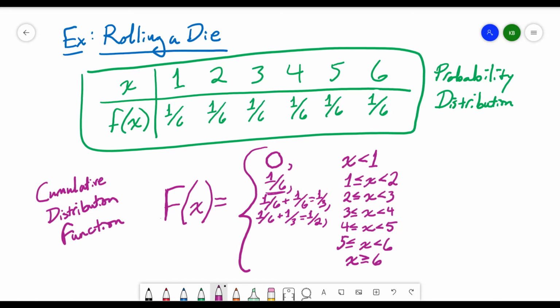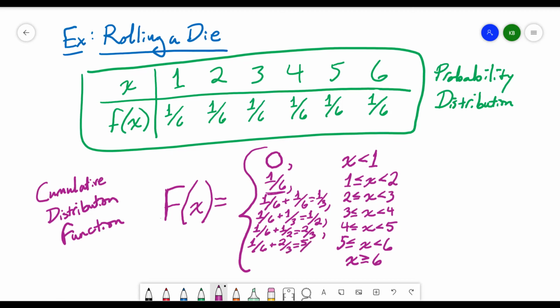And then moving on to the next step, again, the probability that I'm between 4 and 5 with 4 included, 5 not included is 1/6 plus the 1/2 that I had above. So I have a total cumulative probability of 2/3 in the 4 to 5 window. And then between 5 and 6, 5 included, 6 not, I have 1/6 plus 2/3 from above.